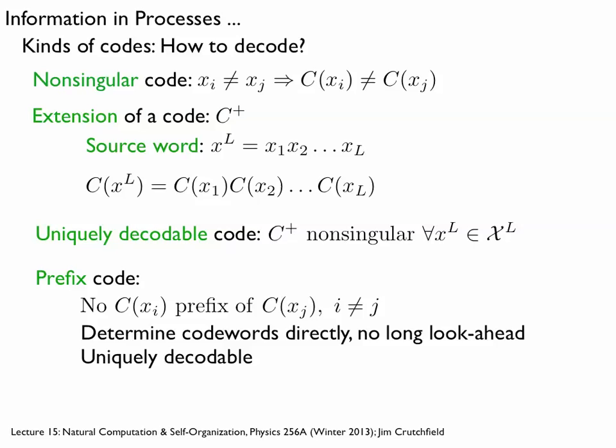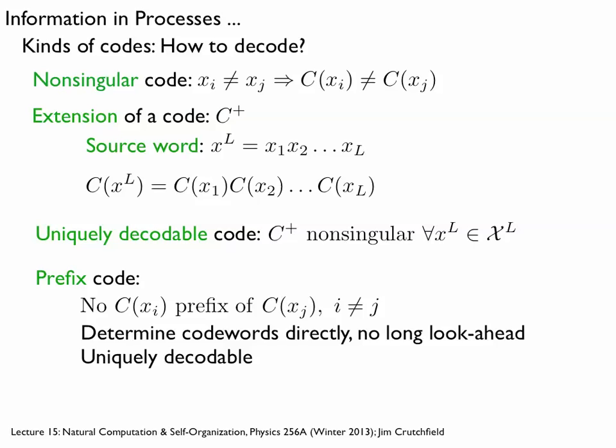What we would like is that when things get concatenated this way, it is also non-singular, so we don't have this ambiguity. In other words, if I have a long string of the encoded sequence, this long binary string, I can recover the original sequence of messages. That's called uniquely decodable, when the code book concatenated with itself is non-singular. It's particularly parsable.